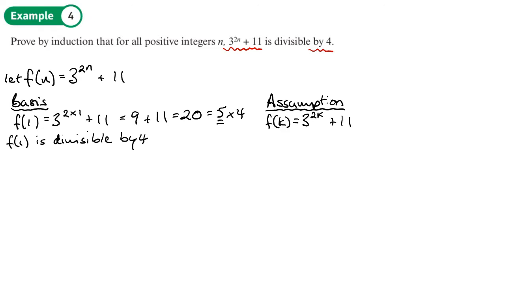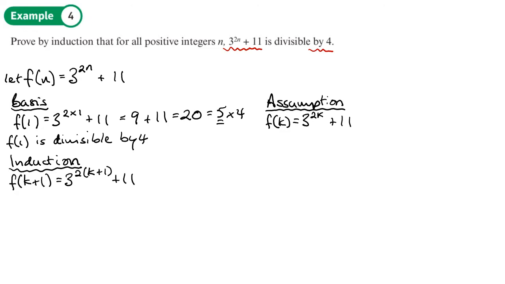The next step is our induction step, or inductive step. So I'll write down induction, or I could write inductive, doesn't really matter. So now we set f of k plus 1 is going to equal 3 to the power 2, and n gets replaced with k plus 1, like this, plus 11. And then the step that we use for divisibility is that we're going to subtract f of k.